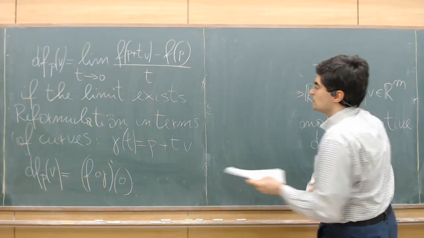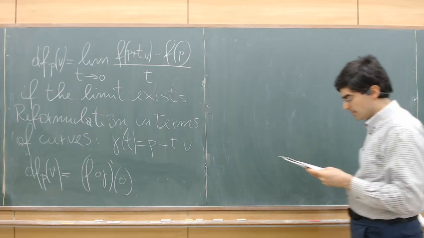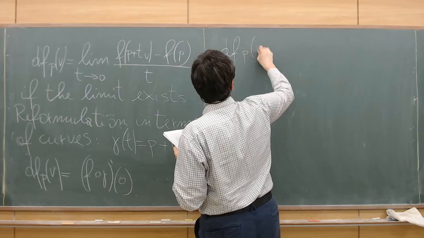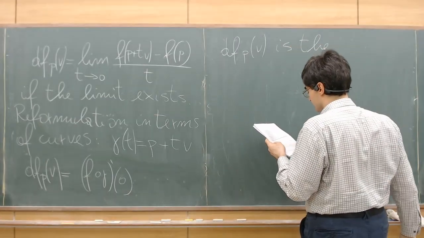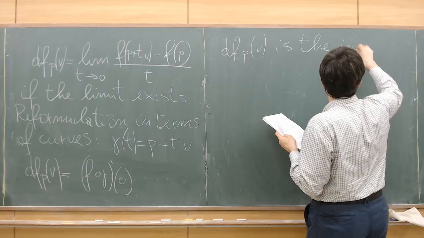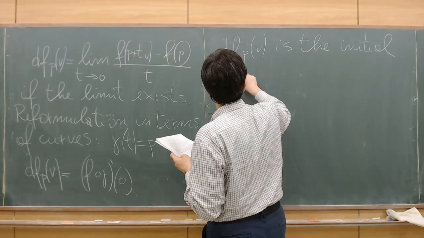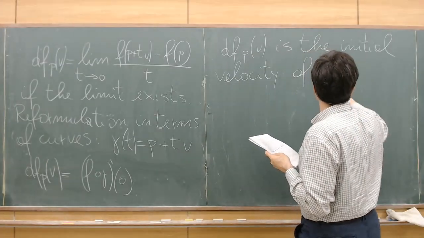So this definition says that dF_P(v) is the initial velocity of F composed with gamma.